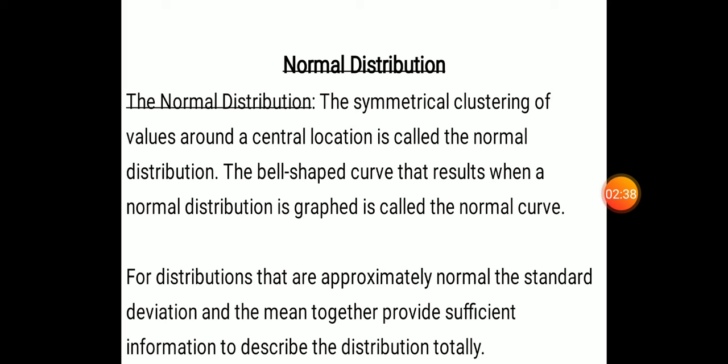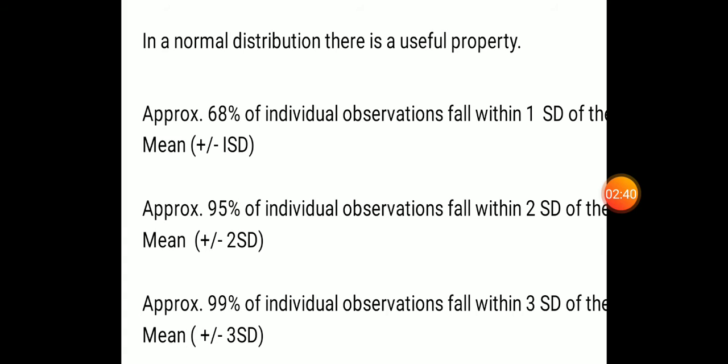Then the next property is that about 68% of the individual observations fall within mean plus or minus one standard deviation. What do we mean by that? Suppose I want to calculate the average height of students of the 2017 batch, which is not in front of me at present, but you are there.